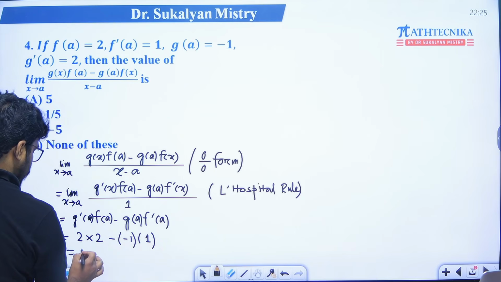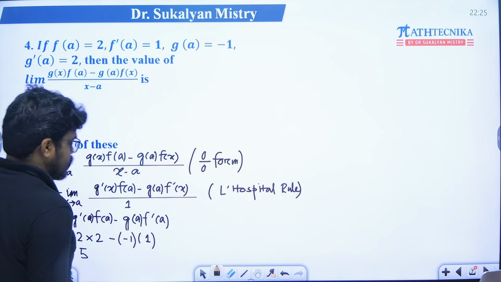So 4 plus 1, that is 5. So option A is the correct answer.